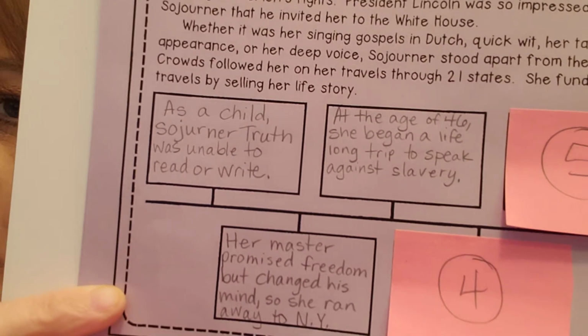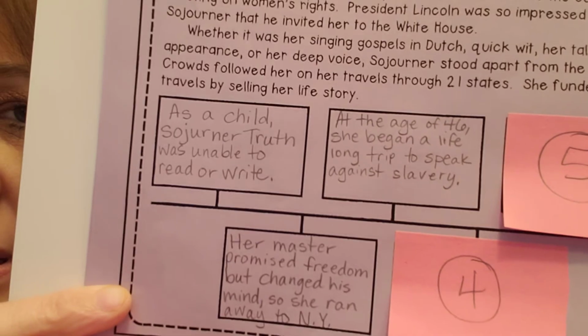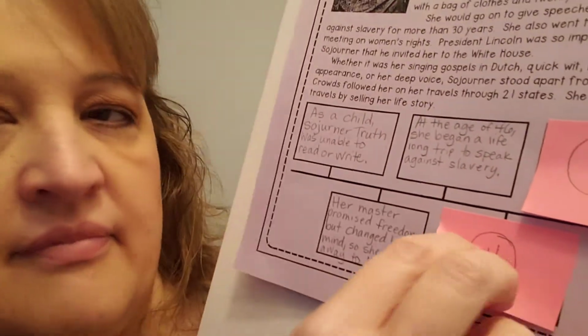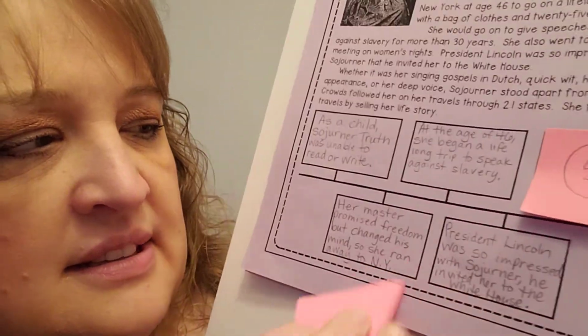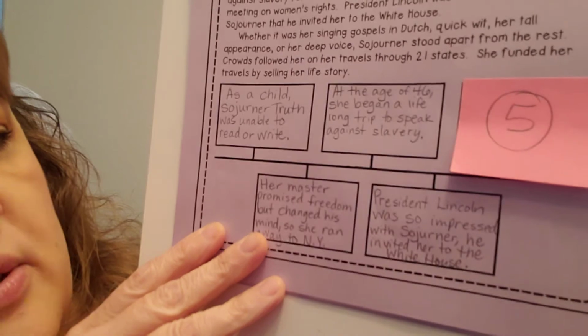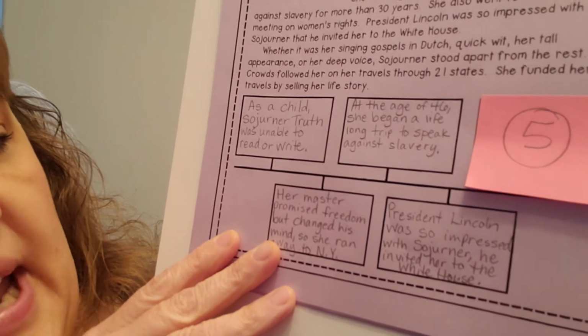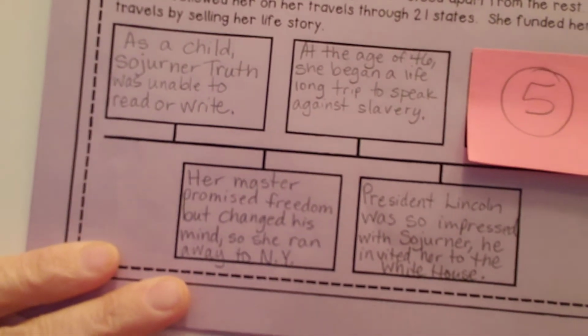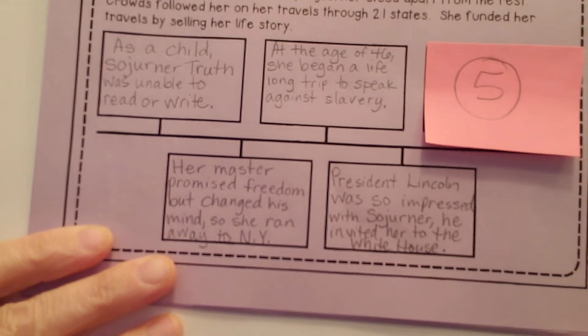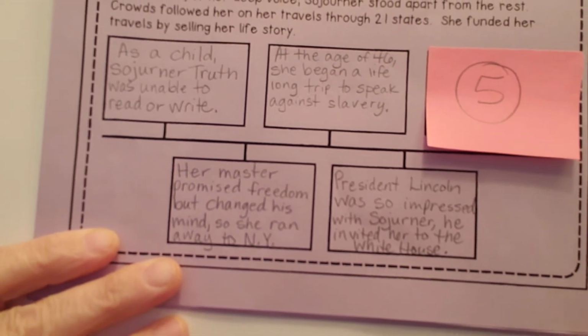Is that similar to what you put? All right, here's number 4. I said, President Lincoln was so impressed with Sojourner, he invited her to the White House. That was what I wanted people to know about her in number 4.